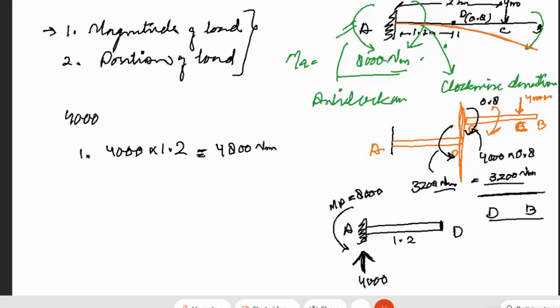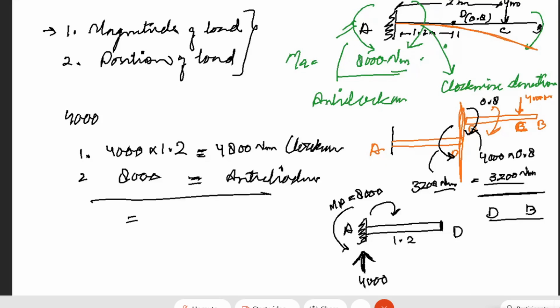It goes in the anti-clockwise direction. Therefore, subtracting 8000 minus 4800, which is anti-clockwise minus clockwise, that gives me 3200 Newton meter again.